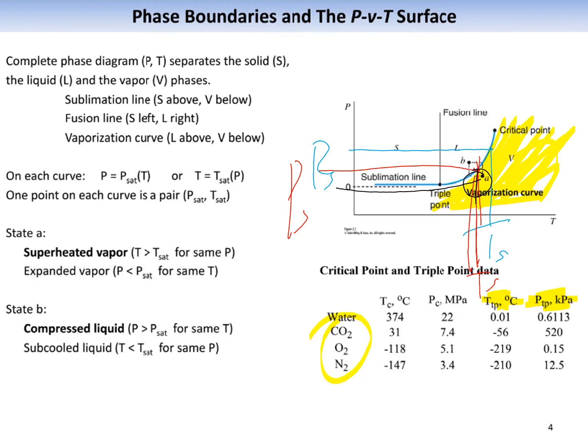Temperature must be higher than the saturation temperature, pressure must be lower than the saturation pressure, and volume should be greater than the volume occupied by the pure gaseous phase. Then the system will be in the form of superheated vapors.